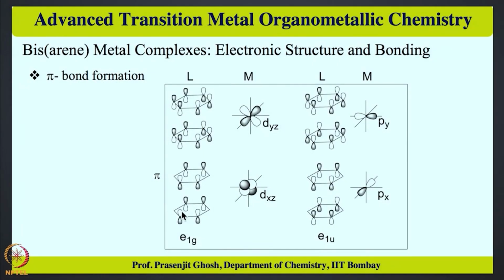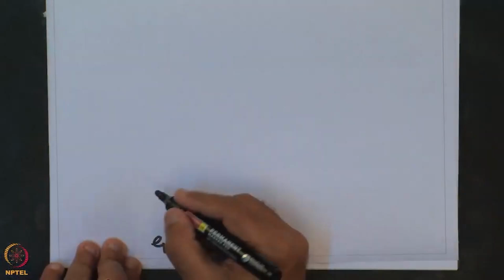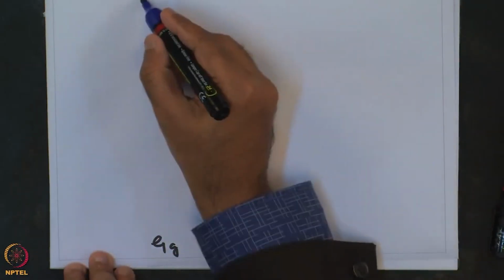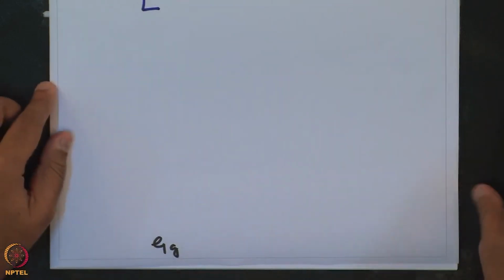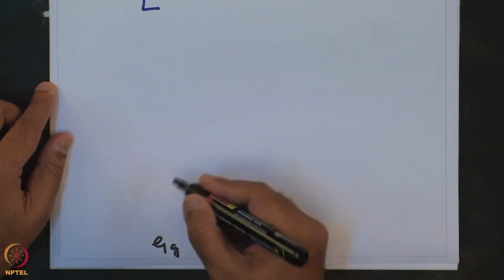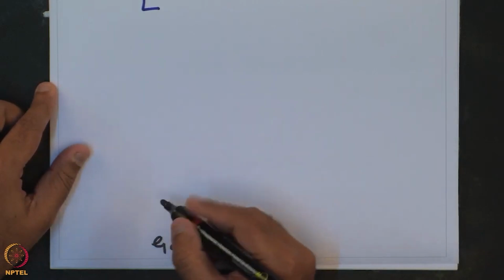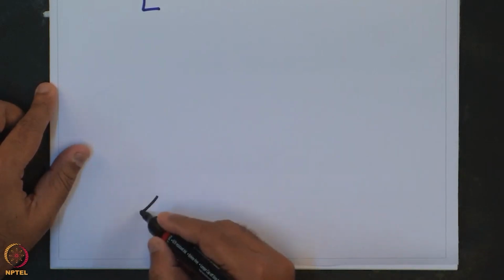Now, let us take a look at the orbitals which would be interacting in a pi fashion, and these are E1G for the ligand. So, I am going to show it over here.